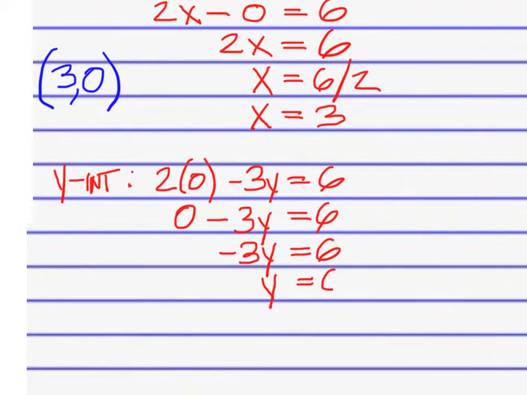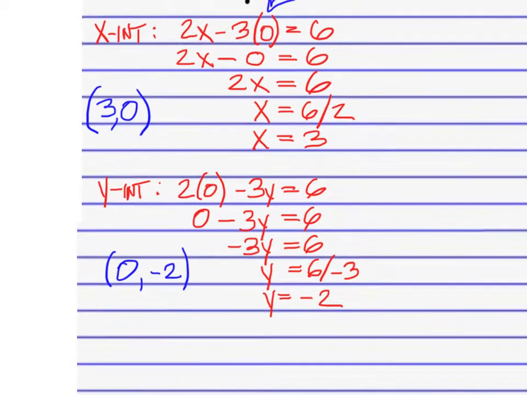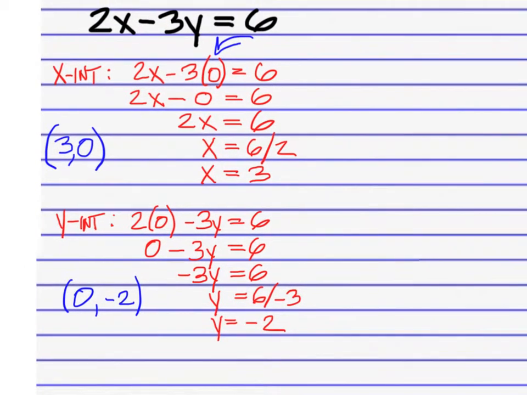Divide the 6 by negative 3 and come up with a negative 2. So negative 2 in the y-intercept is going to look like this. Negative 2 in the y spot, and you put a 0 in the x spot. So that gives us the x-intercept and the y-intercept.